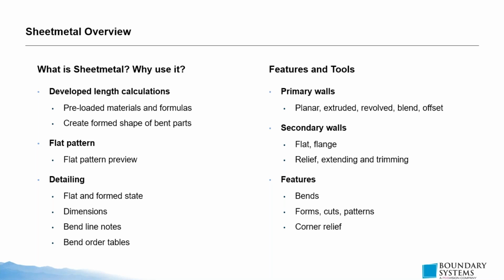Creo Sheetmetal is built directly into Creo Parametric, and it is essentially used to model a certain scenario that happens really often in real life, which is working with material that has a constant thickness.